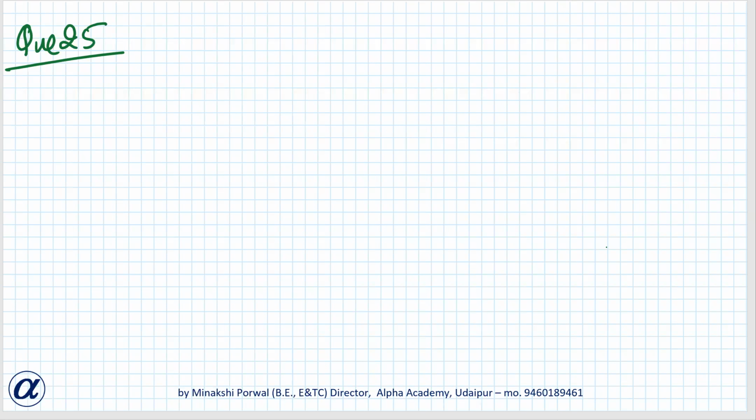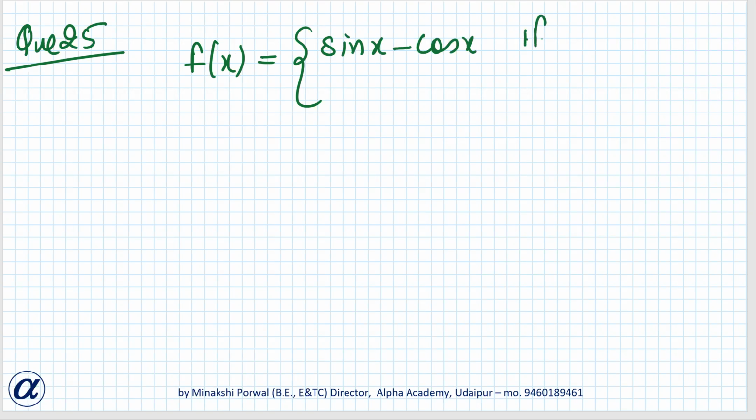Question 25. Examine the continuity of f where f is defined by, so function f(x) is given by sin x minus cos x if x is not equal to 0 and -1 if x is equal to 0.